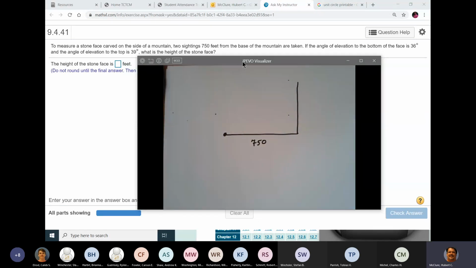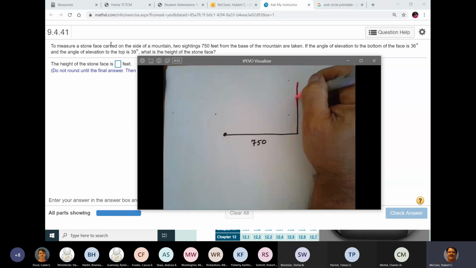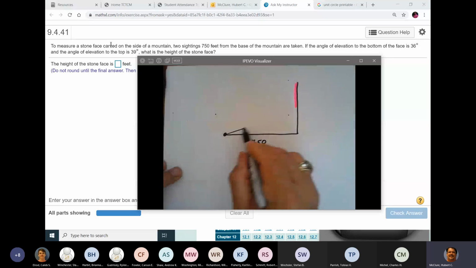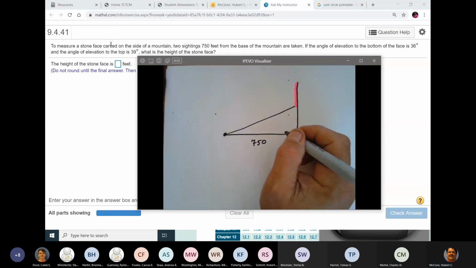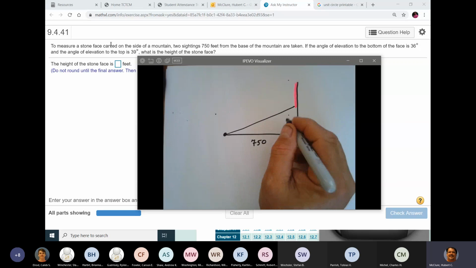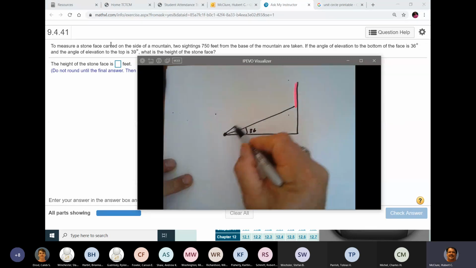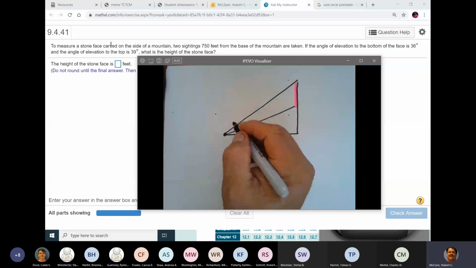Okay, to measure a stone face carved, let's say that this is the carving. I'm thinking of Stone Mountain. Let's say that's the carving. And they give us an angle here, the angle to the bottom of the face is 36 degrees. And the angle to the top is 39 degrees.